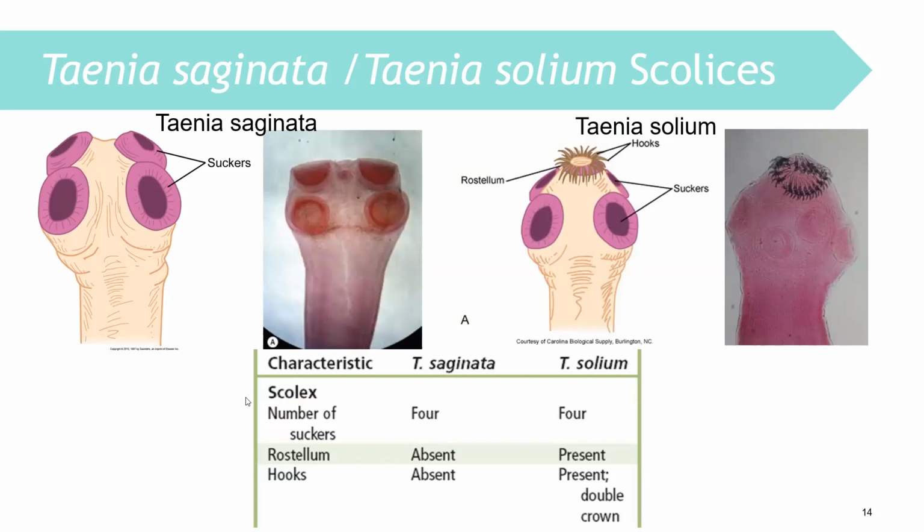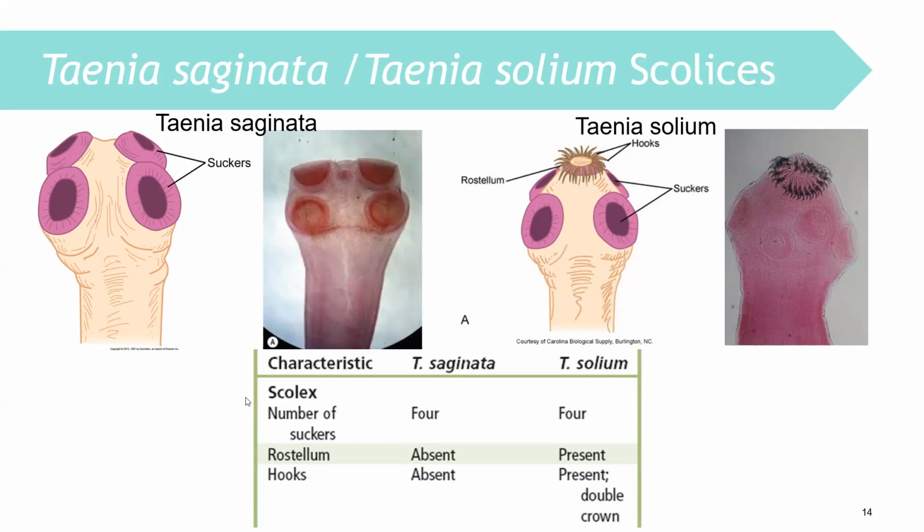Again, the scolex of Taenia saginata and Taenia solium will help us to differentiate between the two tapeworms. One is the presence or the absence of the rostellum. If you don't have the rostellum, then you are saginata. If you have the rostellum, then you are solium.